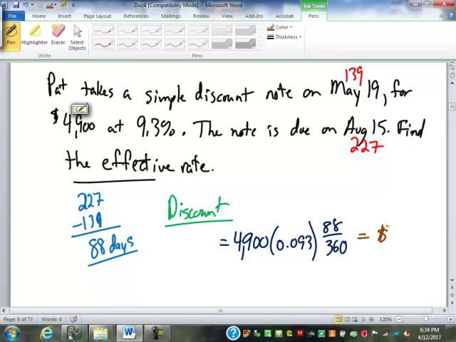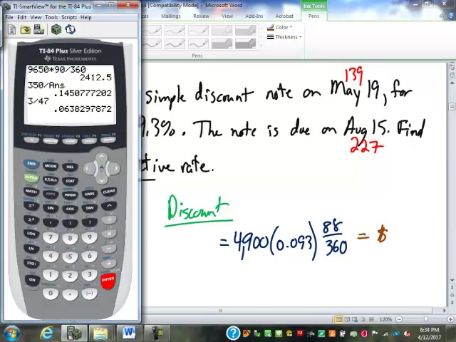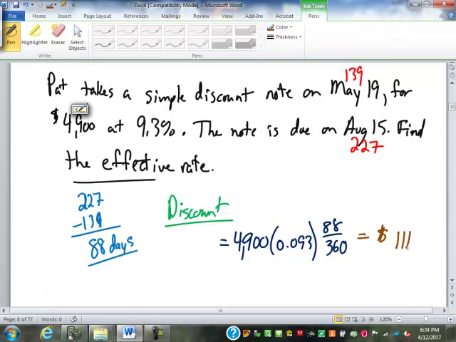So we figure this out, we end up with $111.39. Does that look right? Yep. So that's the discount.